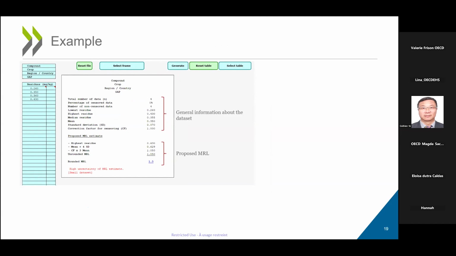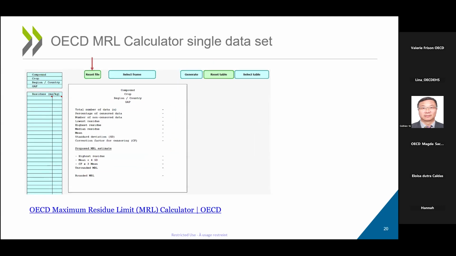And as you can see, this is automatically calculating the proposed MRL. So you have the unrounded and the rounded MRL, but also some useful general information about the data set that appears in the top panel. It is very interesting to see this range between lowest and highest residue, and all this is explained in the guidance.